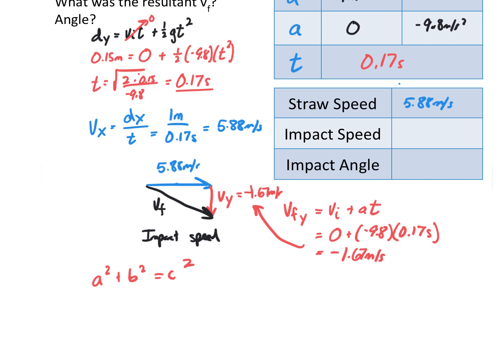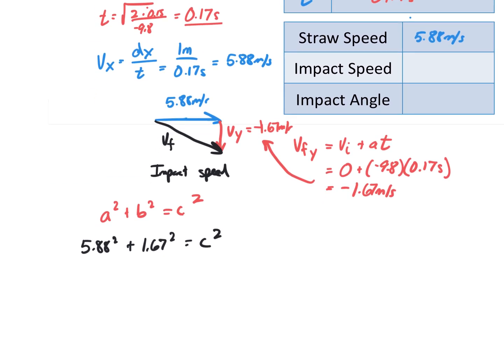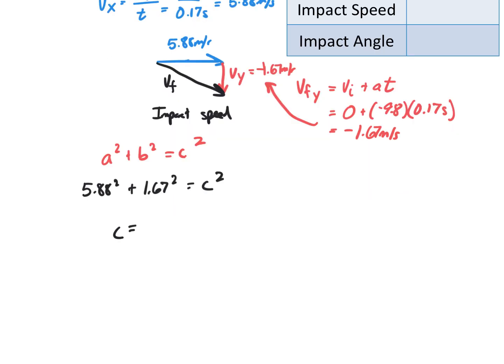So let's find out what that hypotenuse is. We're going to take a squared plus b squared equals c squared, using the 5.88 meters per second as my a side and the 1.67 as my b side. And then I can take the square root of both those. And that will tell me what the impact speed is. That will tell me what this resultant is after combining these two vectors together.